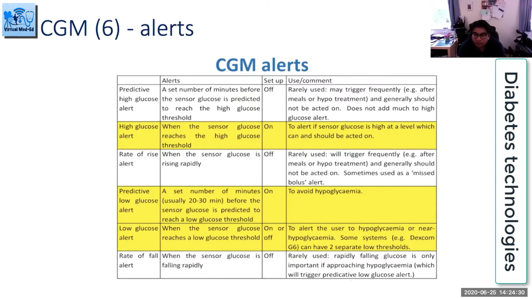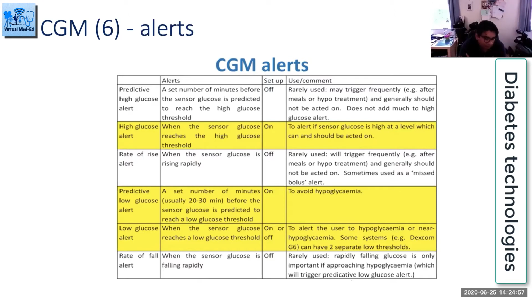In other words, the system can warn the patient that within the next 20 to 30 minutes, I expect the glucose to hit 3.5, which is your low glucose alert. And that's quite useful, because then the patient knows that I'm heading in that direction. I can do something to avoid getting into hypo territory. So that's very, very useful.